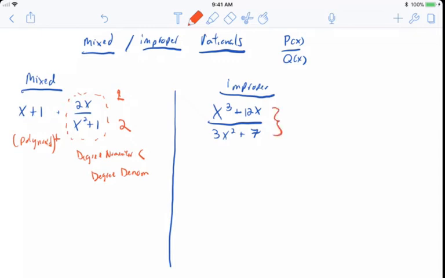I guess you call it a proper fraction, a polynomial plus a proper one. Anyway, long story short, the degree of the numerator here is 3 and the denominator is 2. And so if the degree of the denominator is smaller than the degree of the numerator, it's improper.